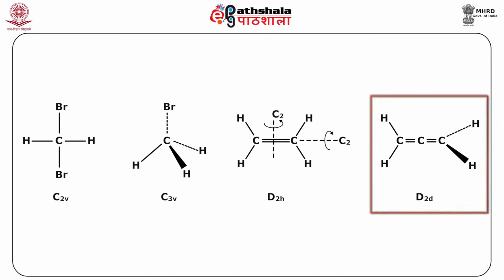In allene, the geminal hydrogens are interchangeable in pairs by rotation about the molecular axis, which is the C2 axis, while the non-geminal hydrogens are interchangeable through rotation around the two C2 axes perpendicular to the former one.